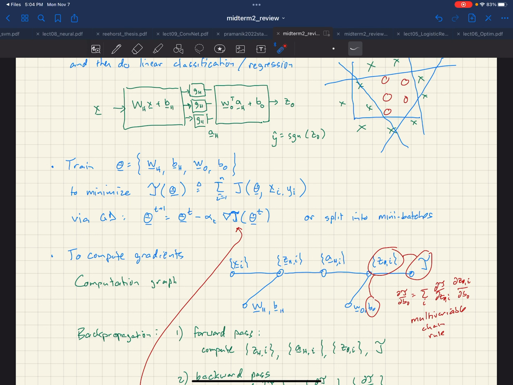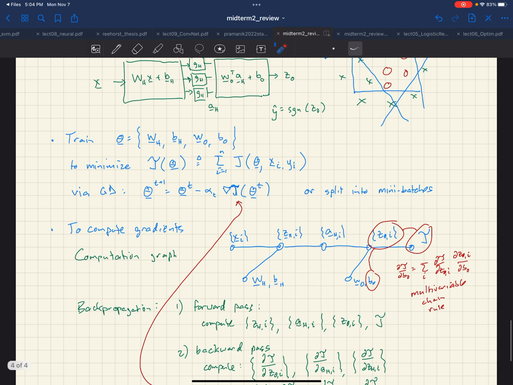So we used basically the idea behind the multivariate chain rule, which is to say if you want to do dJ/db, you do dJ/dz times dz/db. And then the thing you have to figure out is, when there are a number of different variables at this intermediate node, does the variable you are differentiating with respect to affect multiple of them or just one of them?